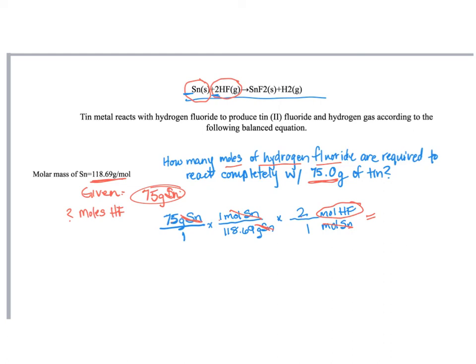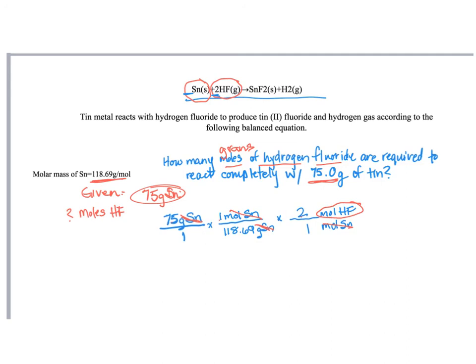118.69. Okay? What if they wanted to know how many grams of hydrogen fluoride? Well, we just add another step here, right? We would say, okay, so what's the molar mass of hydrogen fluoride? And I'm not sure about that. I would have to look it up.